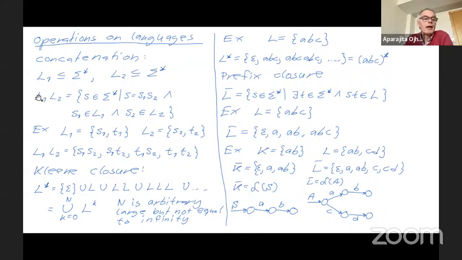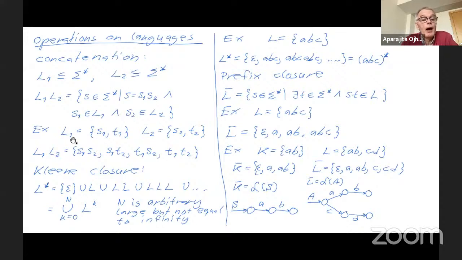Then L1 concatenated with L2 means all strings S that include first a part from L1 followed by a part from L2. So S is S1 followed by S2, where S1 belongs to L1 and S2 belongs to L2. This is the formal definition of concatenation of languages.